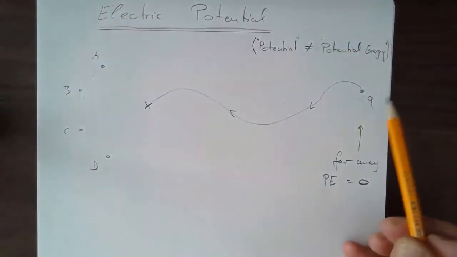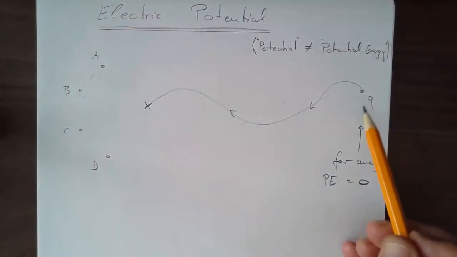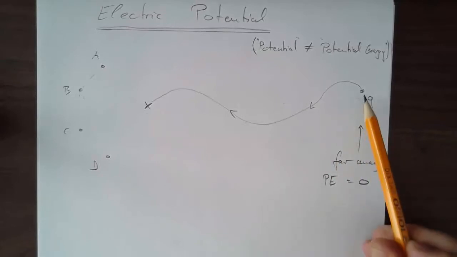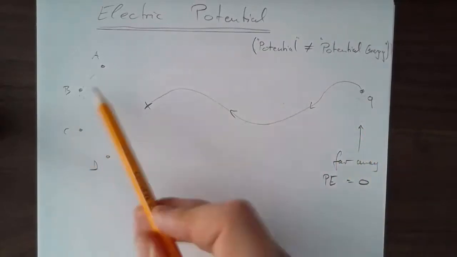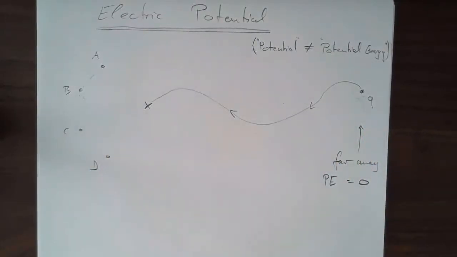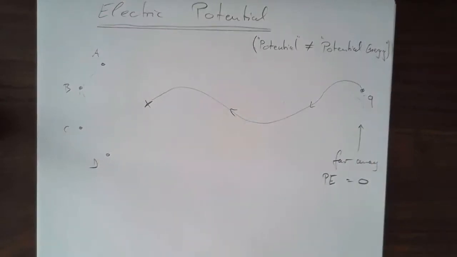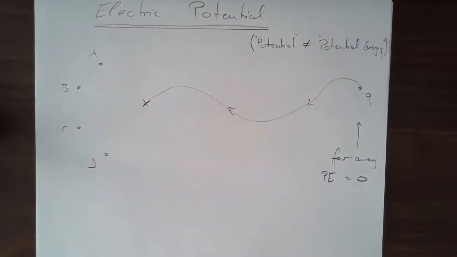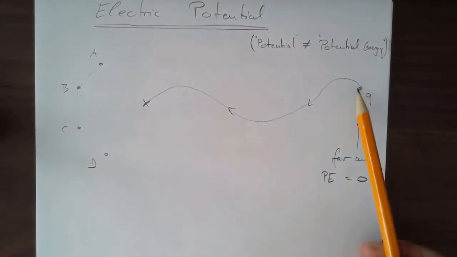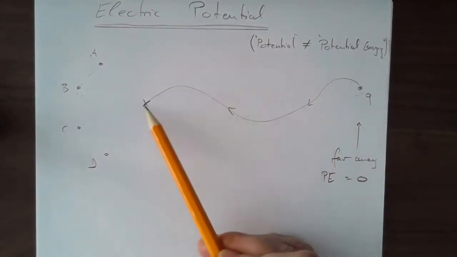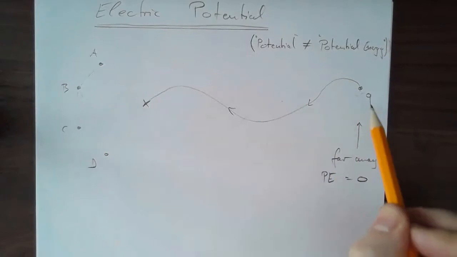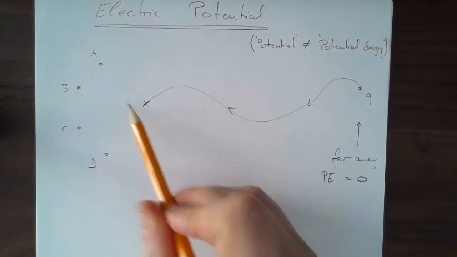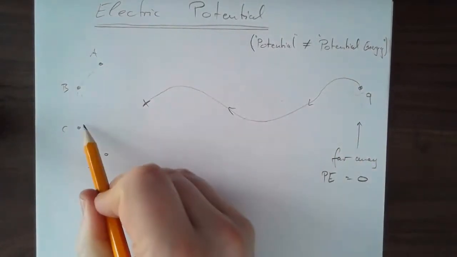So all the potential energy terms are approximately 0, because the distance of this charge to any of those is approximately infinity. But as we move it over here, by the time it gets here, this charge has gained or lost, depending on the sign of those charges, some potential energy.